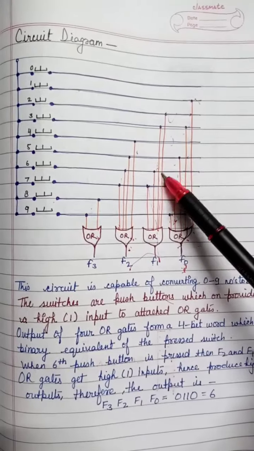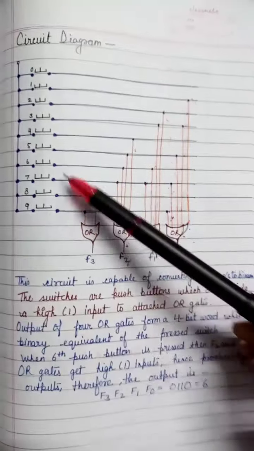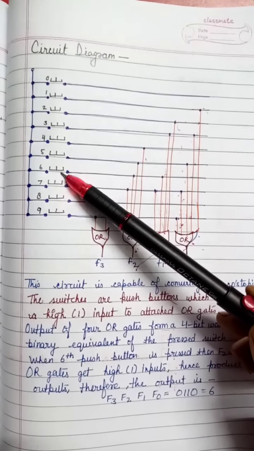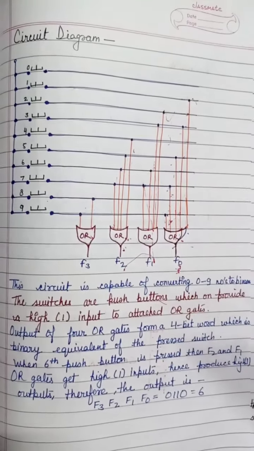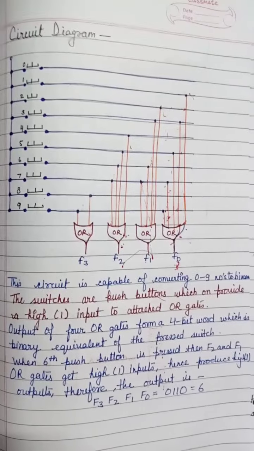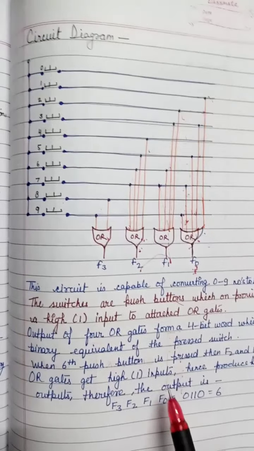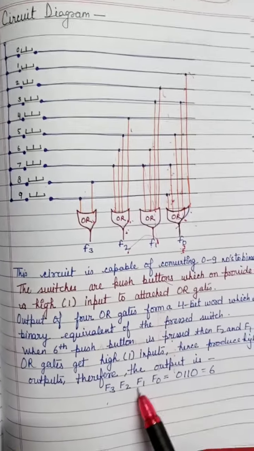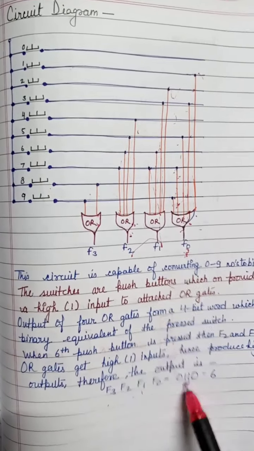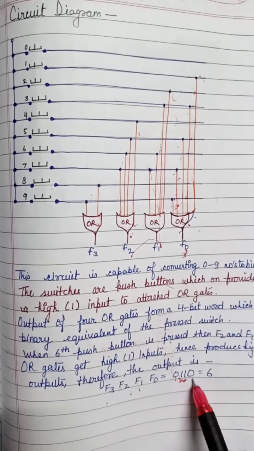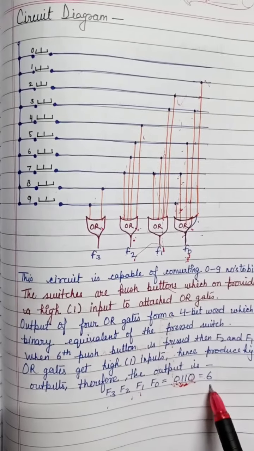So on pressing this push button, only F2 and F1 are getting high inputs, hence producing high output also. Therefore the output for 6 will be, for F2 and F1 you will write 1 1 as they are getting high, and the rest will be 0. And this is the equivalent of 6.